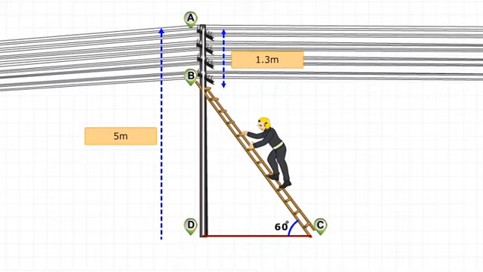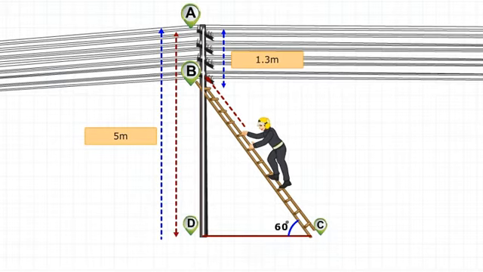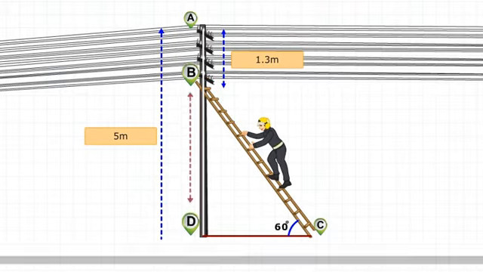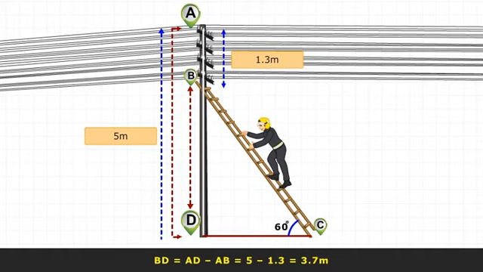The electrician is required to reach the point B on the pole AD. Thus, BD equals AD minus AB, which equals 5 minus 1.3, which equals 3.7 meters.